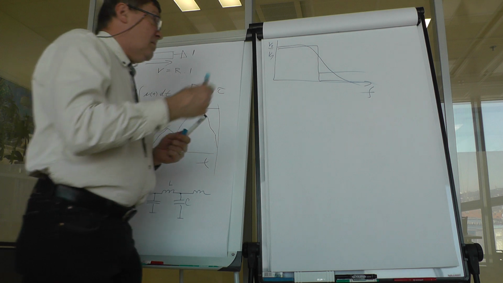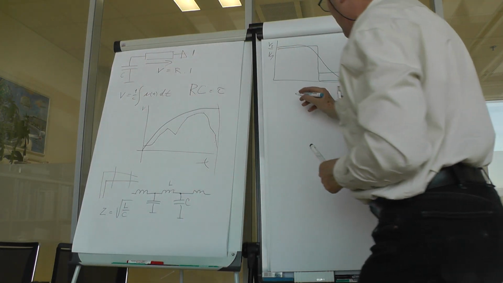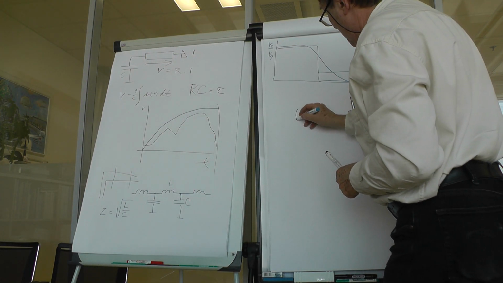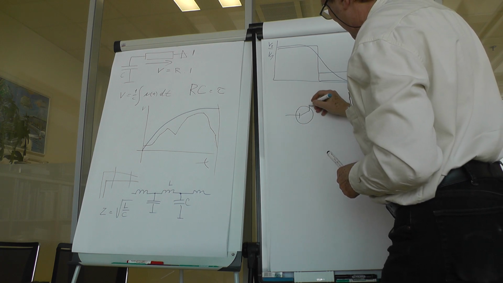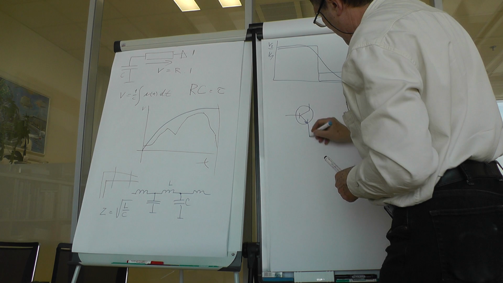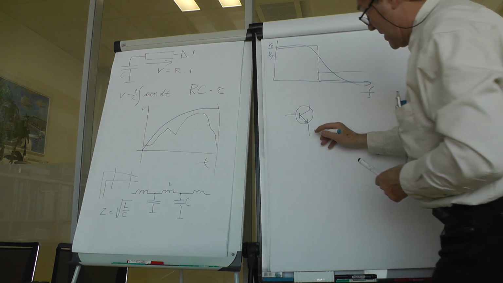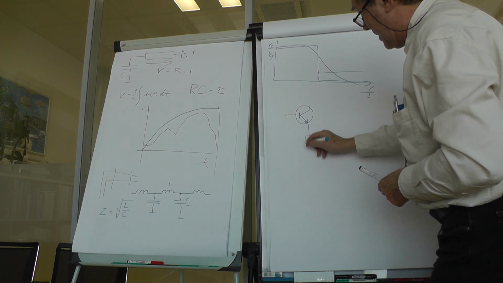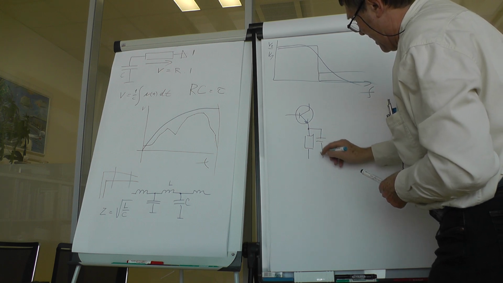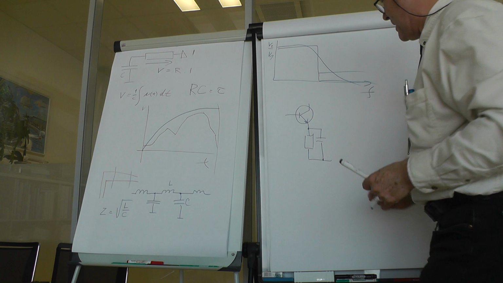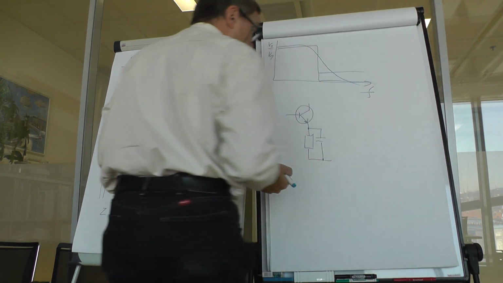Now, a remark, let's say you have a transistor. Let's get a low frequency model. So you have a transistor. This transistor, of course, has some stabilization, so possibly there is some RC circuit in the emitter.